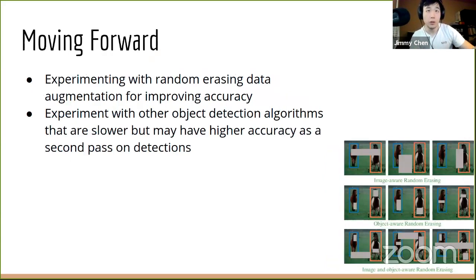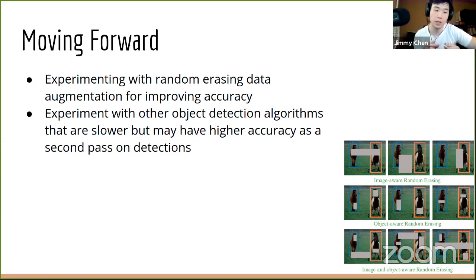And then moving forward, we also wanted to experiment with a certain technique that I found in a paper called random erasing data augmentation. As you can see in the image, inside of the image you randomly block out parts of the image with noise or black bars or white bars. The idea behind this is that typically when training an object detection model, the model will tend to gravitate to certain features of the image.